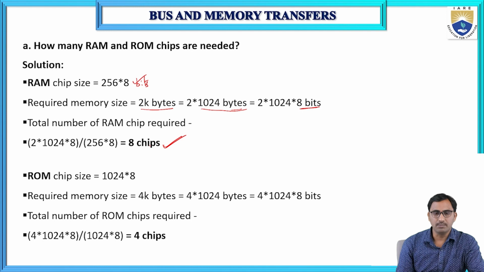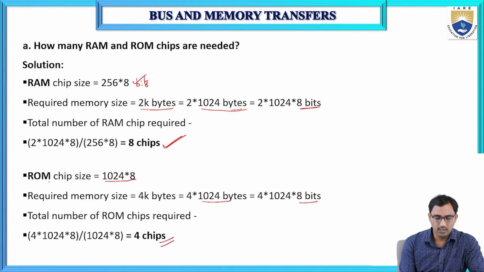And coming to the ROM chip. The size of the ROM chip is 1024 by 8. The required memory size is 4 kilobytes. 1 kilobyte means 1024 bytes, and if you convert into bits, 1 byte is equal to 8 bits. If you solve this, you will get 4.